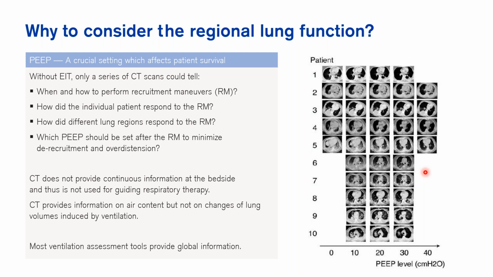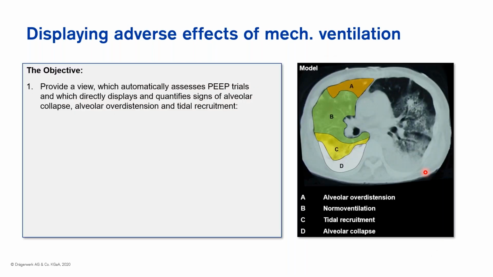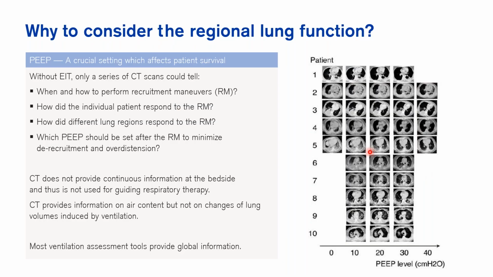If we look at the times when we need this assessment the most, it's usually at the bedside during a therapeutic intervention, either proning or a recruitment maneuver, and we would need this information continuously throughout the ventilation because the patient's status changes.